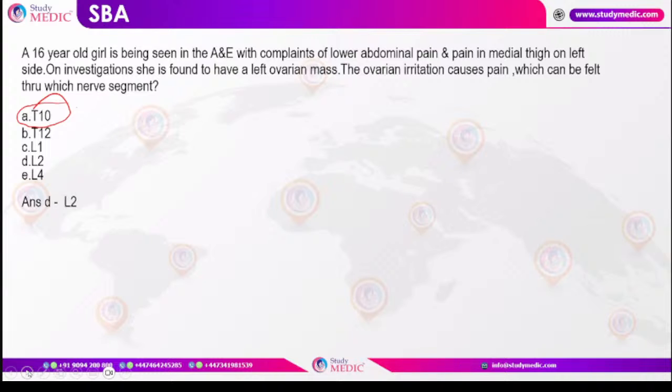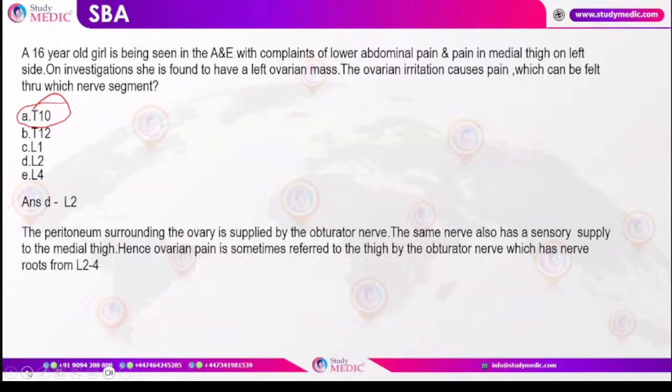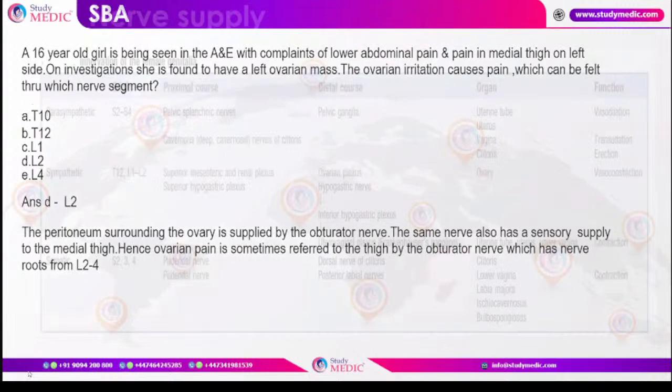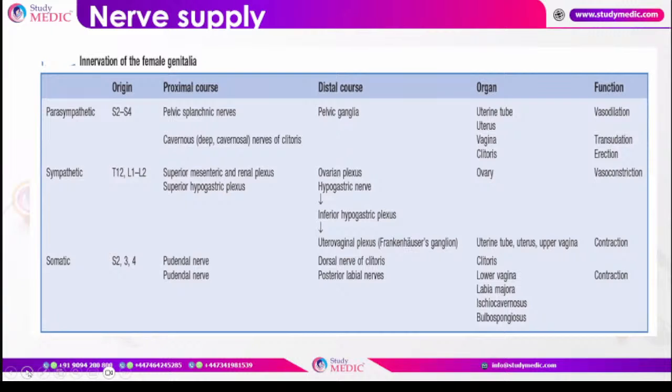And the obturator nerve, being more of a sensory nerve, the pain that is felt on the medial thigh is a referred pain from the ovary. So the correct option here is L2 because it is the obturator nerve which is causing the pain in the medial part of the thigh. Remember, the ovary does not get any supply from T10.